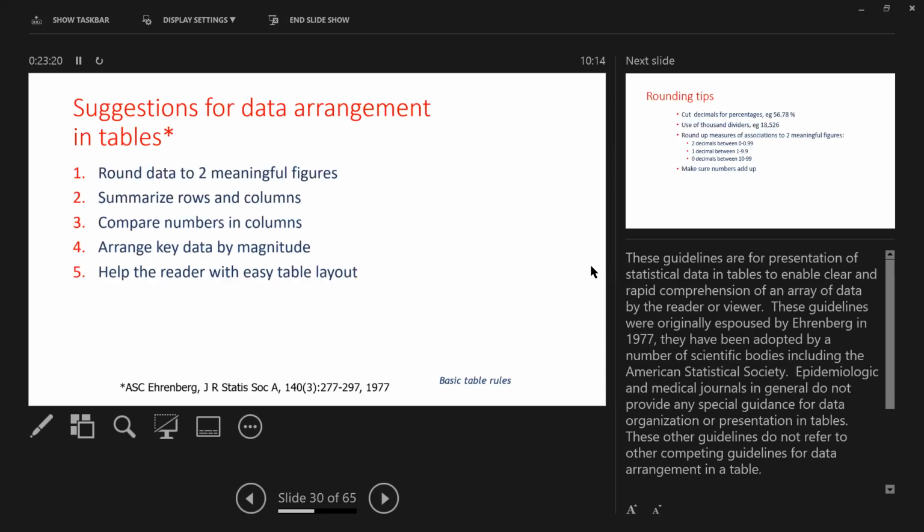Right? So a few other tips: round your data to meaningful figures. If your numbers are in tens of thousands, then you don't really need the decimals. Like 136,355.24. This is pointless. Use summary rows and columns if it helps.